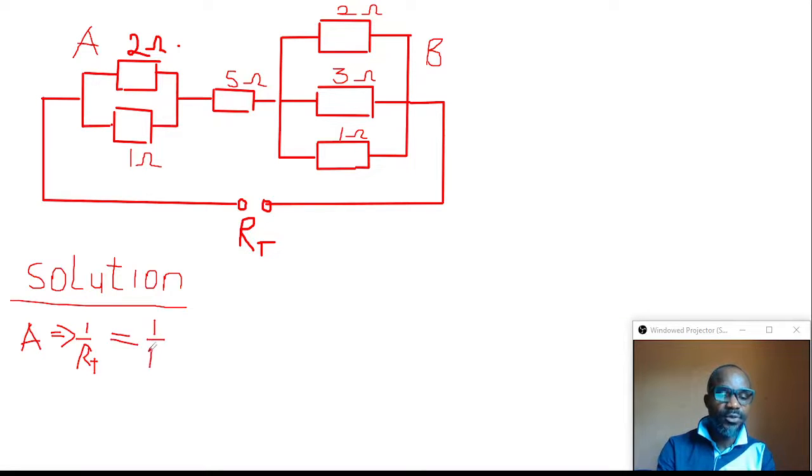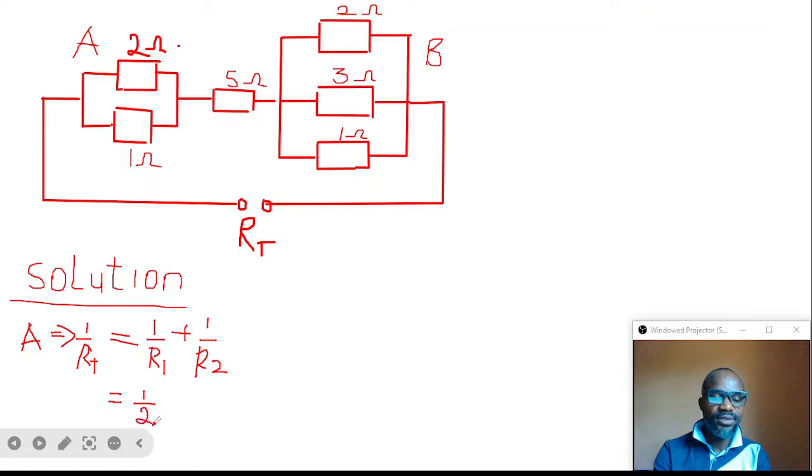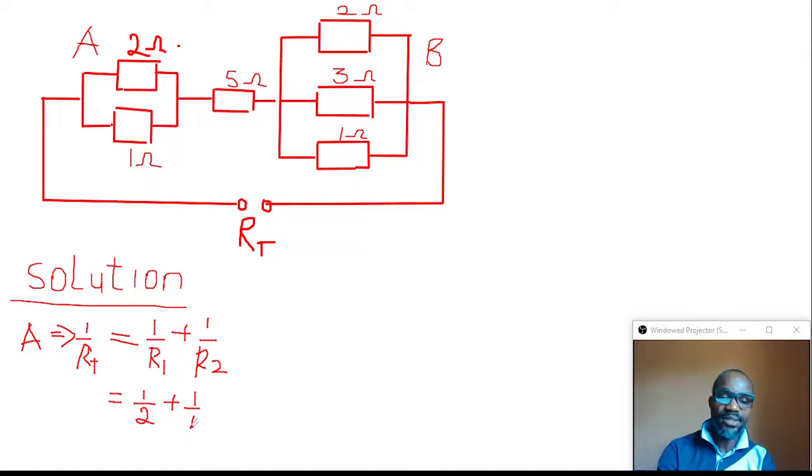All right, so we have a section A, we have 2 resistors. That means 1 all over R1 plus 1 all over R2. Good. So if we quickly substitute, we will have 1 all over 2 for the first resistance, and then plus 1 all over 1 for the second resistor, offering resistance 1 ohm.